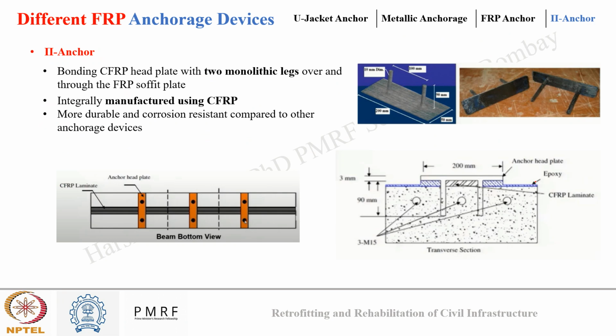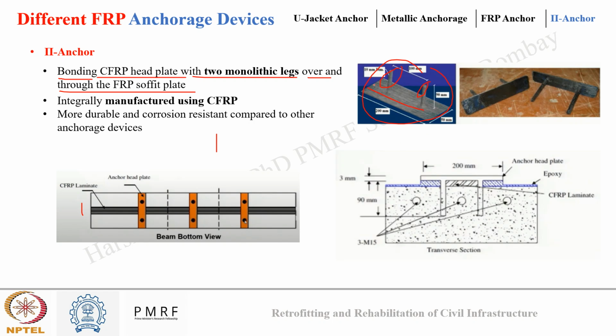And finally, we have the pi anchor system. So what do we mean by pi anchors? Pi anchors include bonding a CFRP head plate using two monolithic legs over and through the FRP soffit plate. So my FRP soffit plate is the original FRP plate that I was using for the strengthening, and this kind of assembly where two legs go through holes on the side and one strip is at the top.